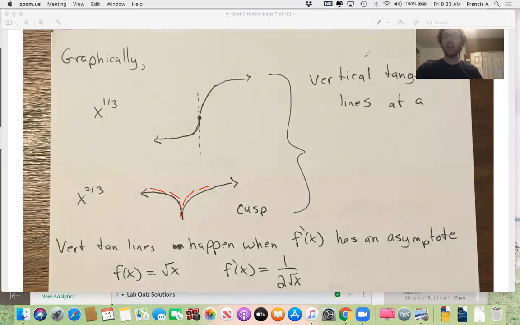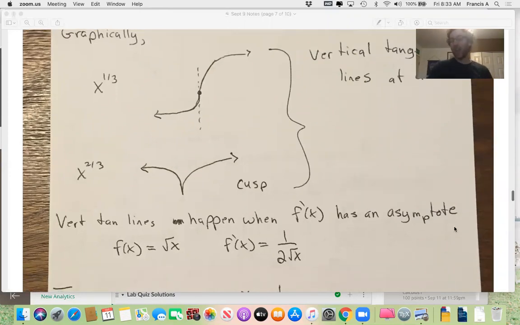So one thing that can happen is if the graph has a vertical tangent line anywhere, then you're not going to be differentiable there because tangent lines don't have defined slopes. Algebraically, when you have a vertical tangent line, the derivative actually has an asymptote there.